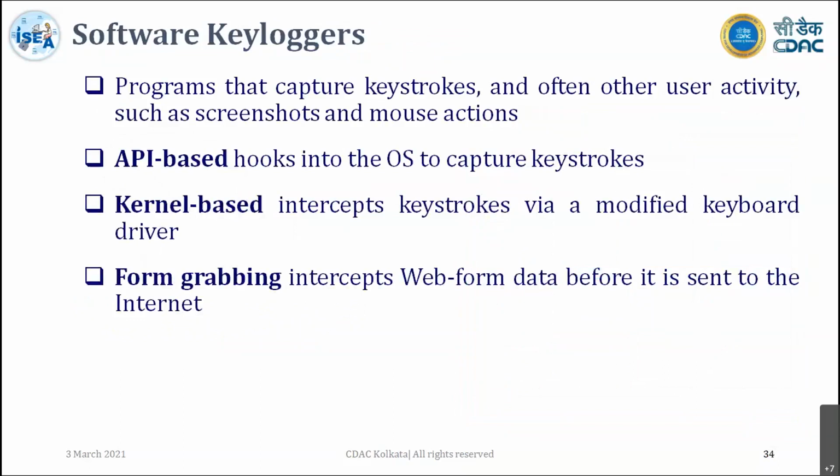It can be API based, which hooks into the operating system and captures keystrokes. Software keyloggers can be kernel based, intercepting the keystrokes via a modified keyboard driver. It can also be form grabbing, which intercepts the web form data before it is sent to the internet.